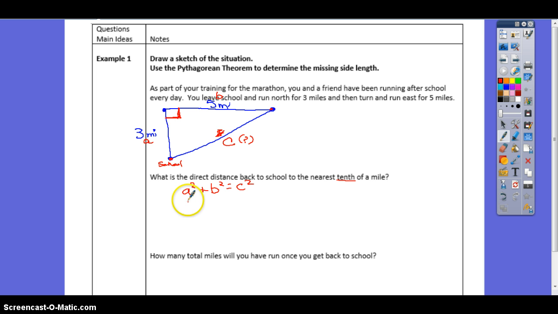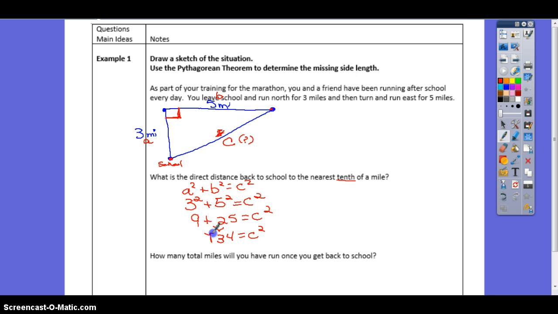What is A? 3 squared plus 5 squared equals C squared. What is 3 squared? Good. Not 6, it's 9. Plus 25 equals C squared. I add these together and get 34 equals C squared.